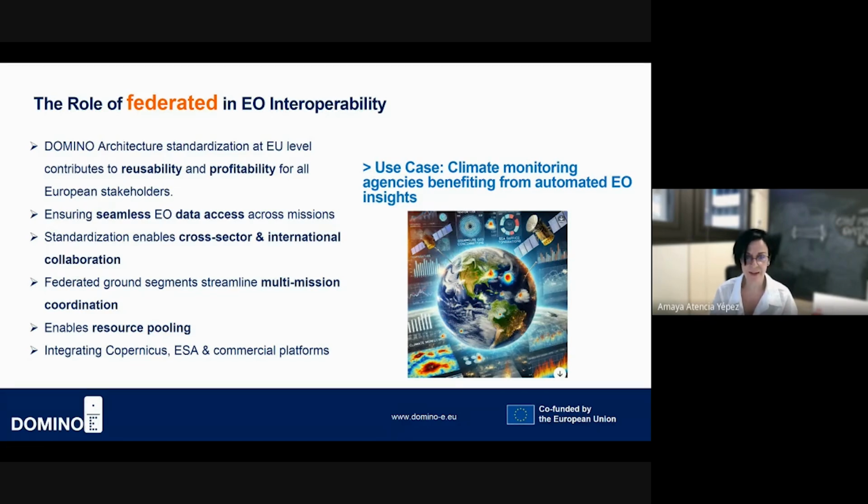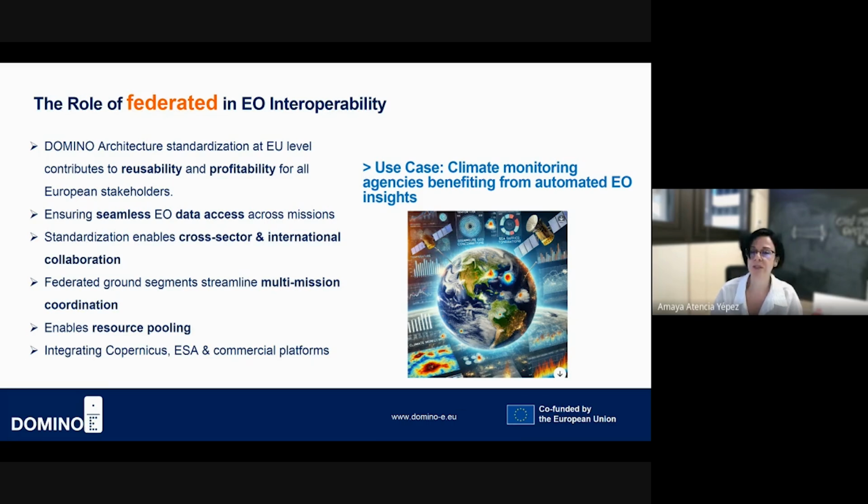And very important, this federation concept may allow the integration not only of commercial platforms, but also institutional platforms or services like the Copernicus-based or other ESA platforms.